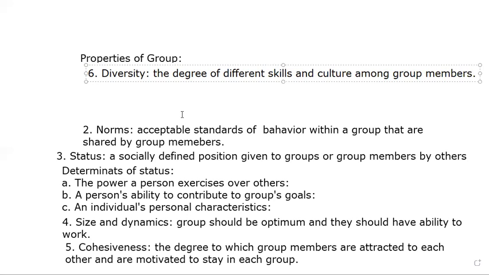They will engage in social loafing, that is, intentionally work less. Then cohesiveness, the degree to which group members are attracted to each other. Then diversity, the different degree of skill and culture among group members. These are the 6 core properties that should be there to form a group, and these are called the properties of group. That's all.